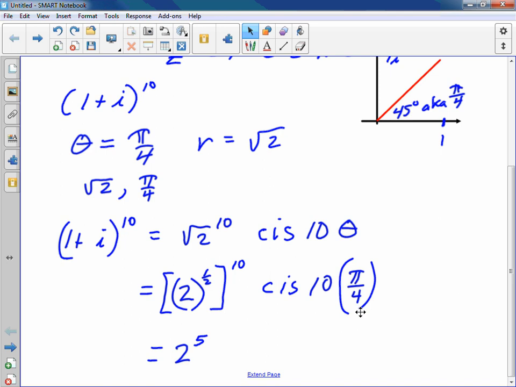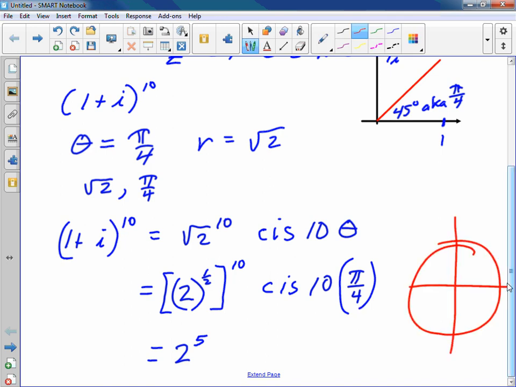Let's look at a unit circle-ish over here. So 5 pi over 2. Here's pi, right? And then over here is 4 pi over 2.